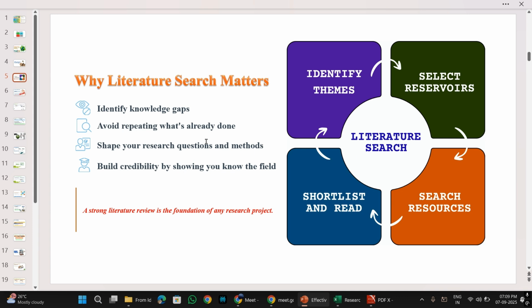Third, reading this literature will also shape your research question. Earlier, the research question is very fragile; you don't really have an in-depth understanding of this particular question. But when you read, that is when your research question becomes more clear.